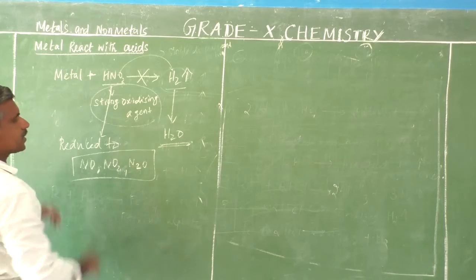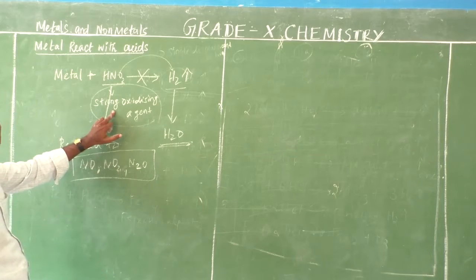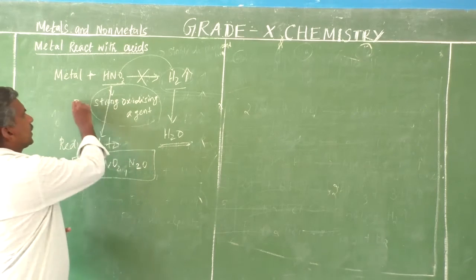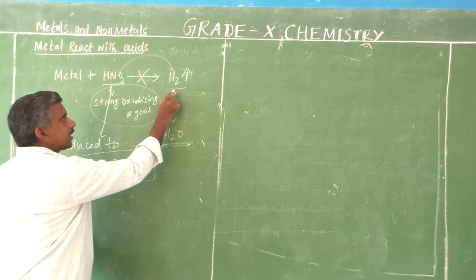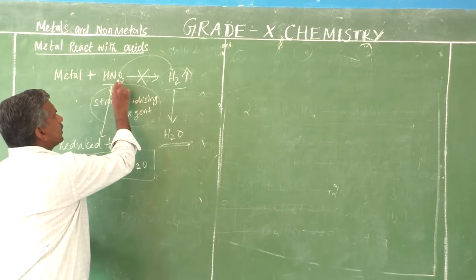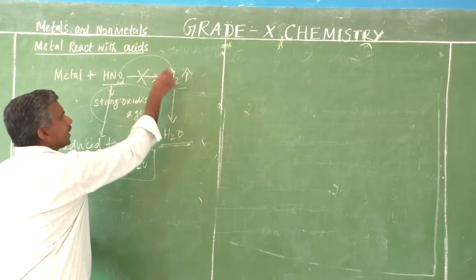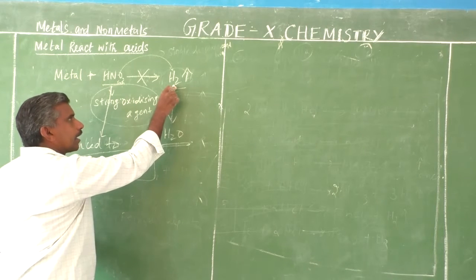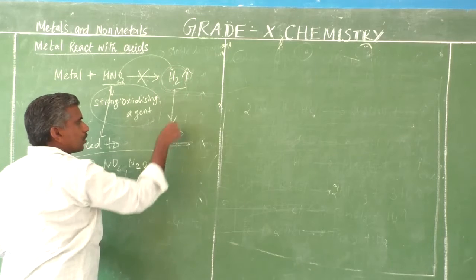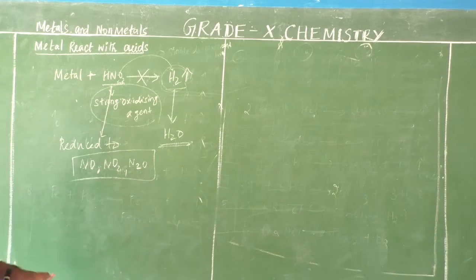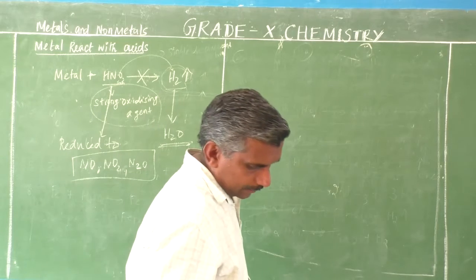What is the work of this acid? When a metal reacts with nitric acid, generally hydrogen is released, but here the hydrogen is oxidized to water molecule, so it does not evolve hydrogen gas.